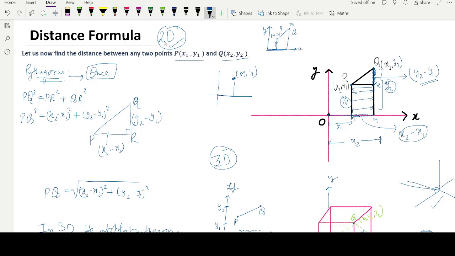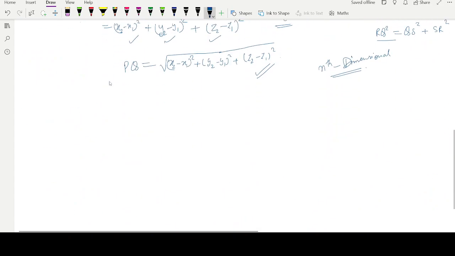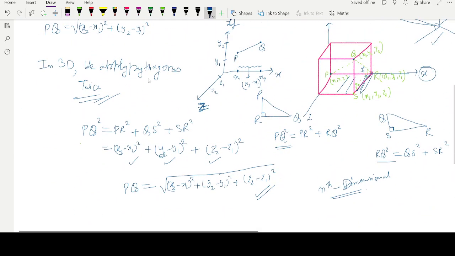If there is 2D, I have applied Pythagoras once. If there is 3D, we apply Pythagoras twice. If there is nth dimensional, can we apply Pythagoras n minus 1 times? So this is a beautiful question.